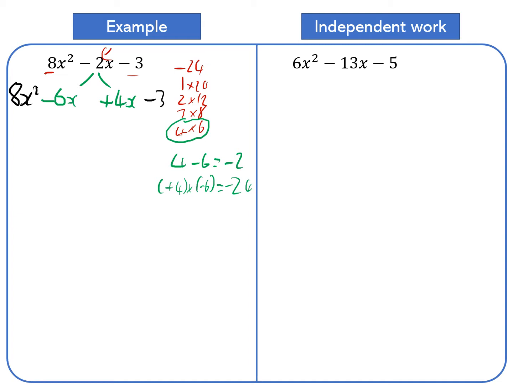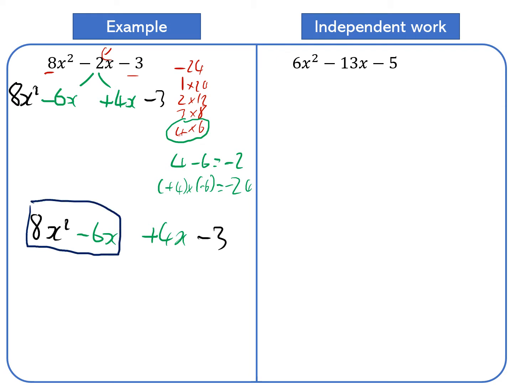Let's write that again underneath. You've got 8x squared minus 6x plus 4x minus 3. I've left a gap. Let's box that up like so.